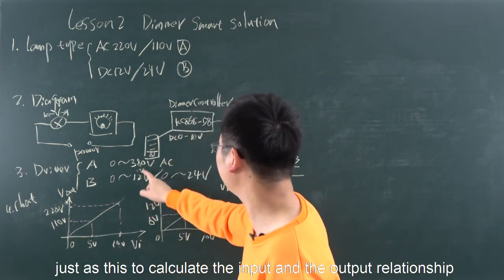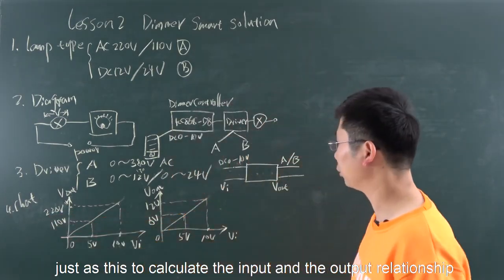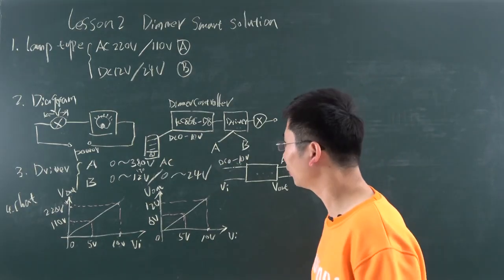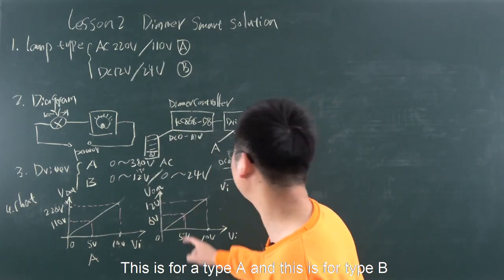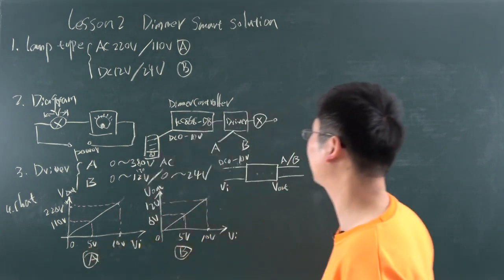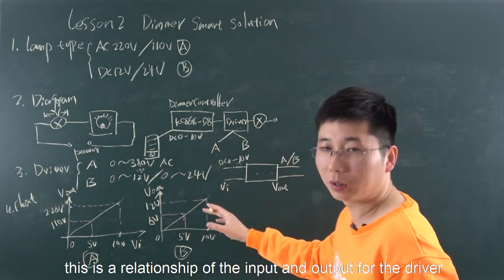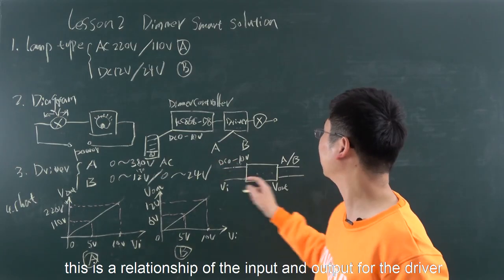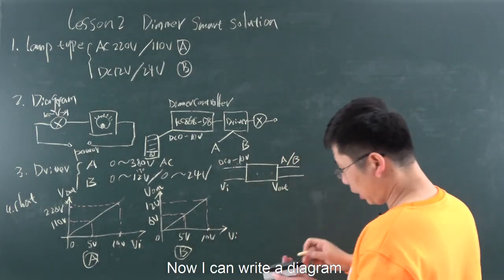So just use this to calculate the input and output relationship. This is for type A, and this is for type B. Okay, this is the relationship of the input and output for the driver. Now I can write a diagram.